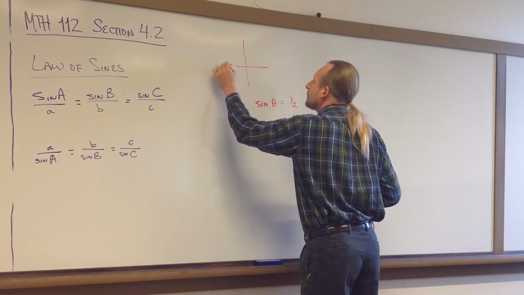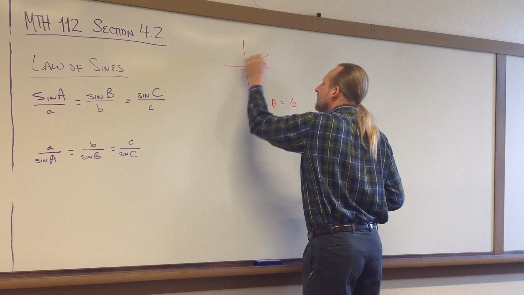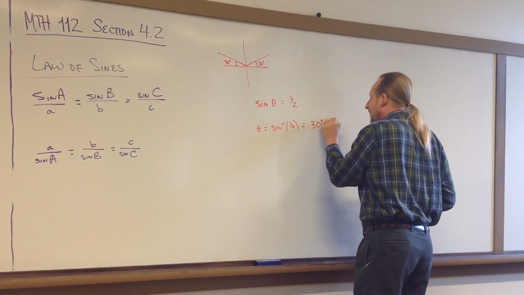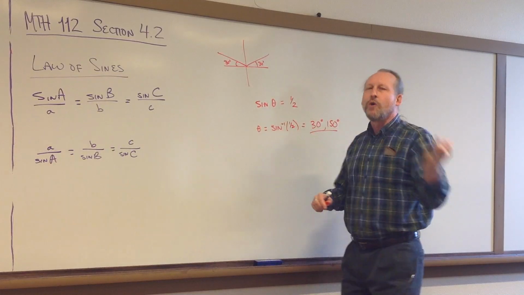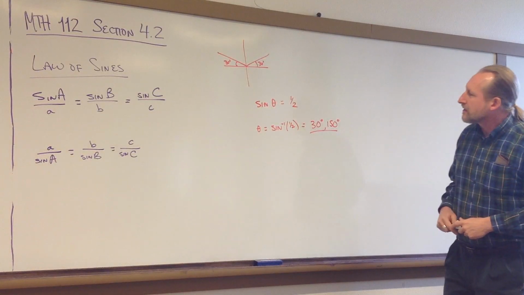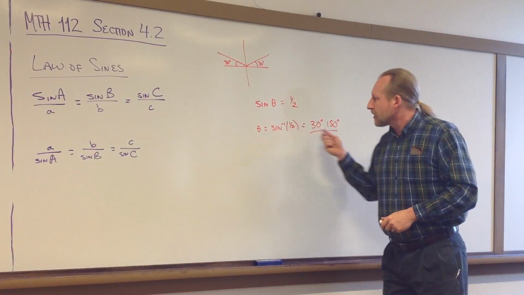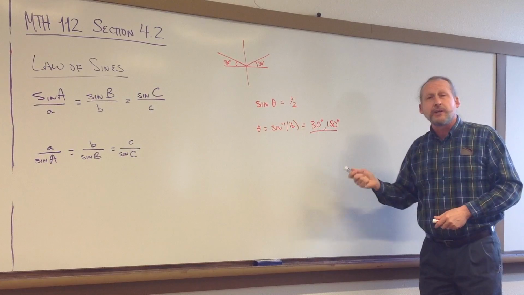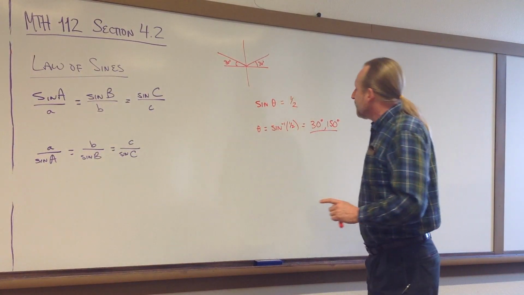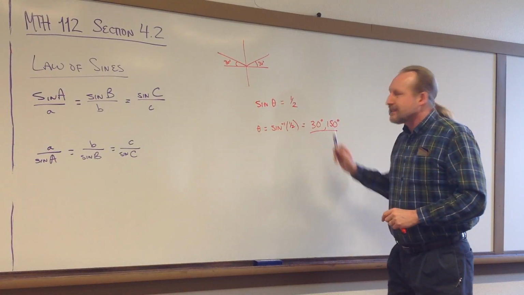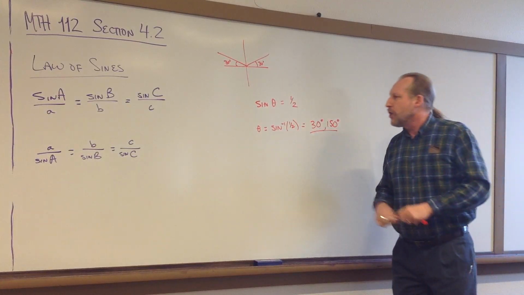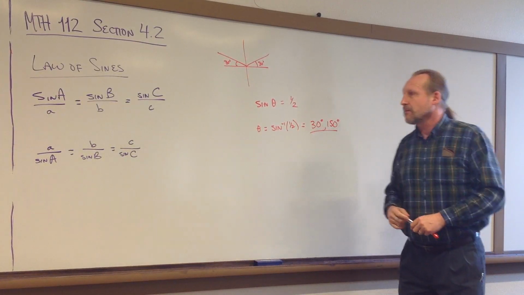But there's also another angle in the second quadrant with a reference angle of 30, and that is 150 degrees. So we get multiple possibilities when we take the inverse sine for what the angle theta could be. It could be 30, it could also be 150. Both of these angles can live in a triangle, so there are some situations where we may not know which one we're talking about.